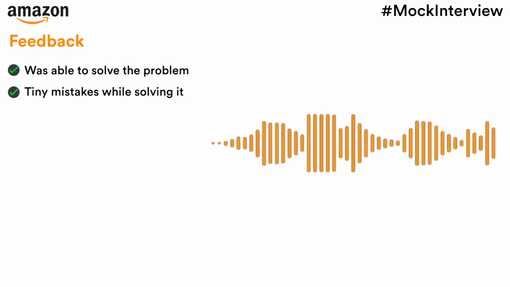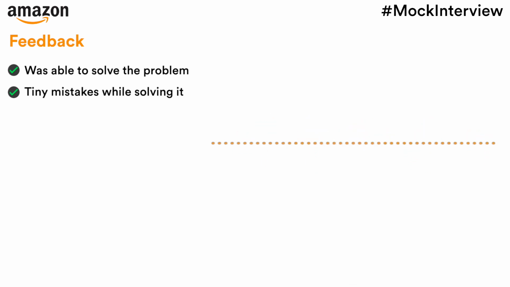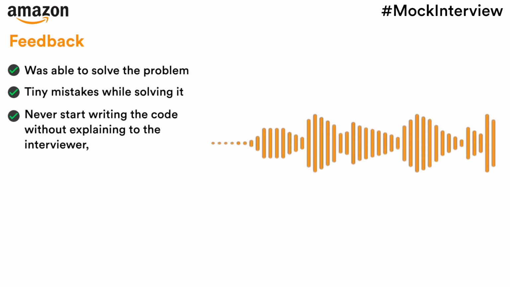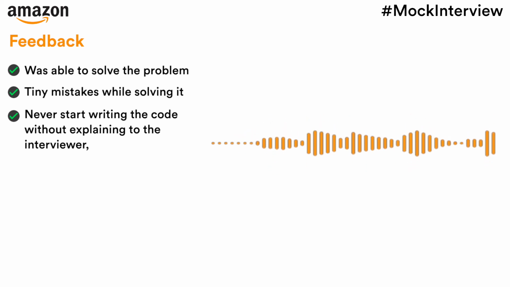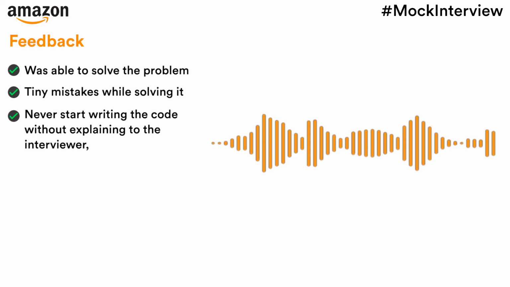Just a couple of key things that you need to remember when you actually go into the interview. First of all, never start writing the code without explaining to the interviewer what you are planning on doing. In fact, try and see if you can do a dry run before you even start implementing the code.